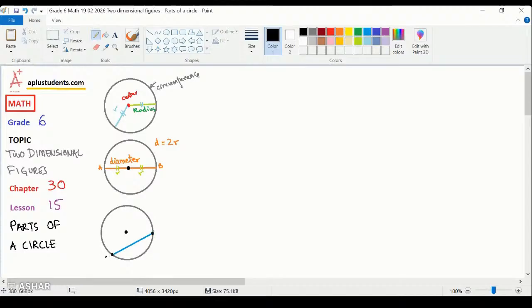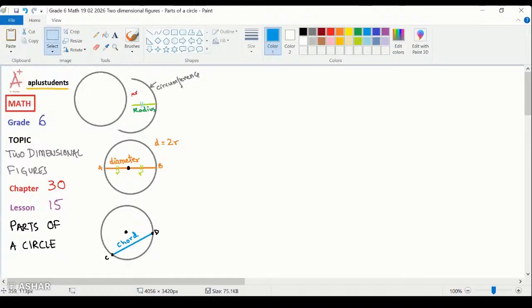I label these points as C and D. Then this line is known as a chord. Once I'm done explaining, I will draw everything on a single diagram.